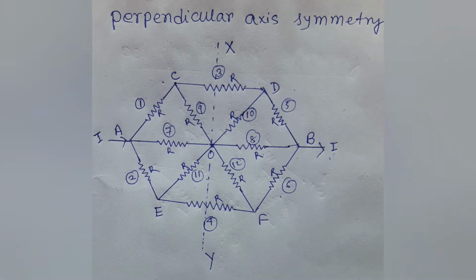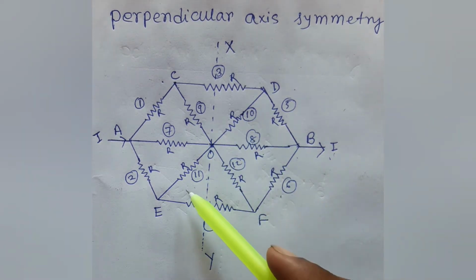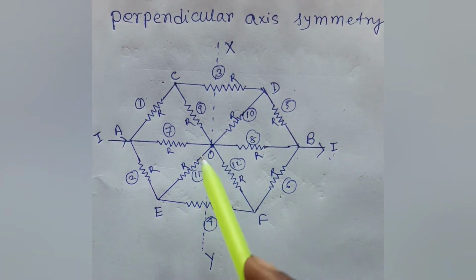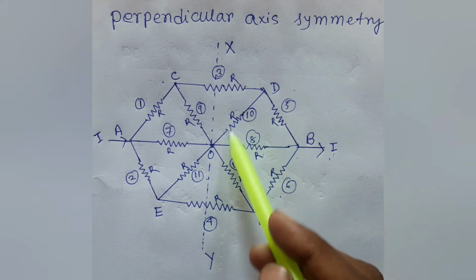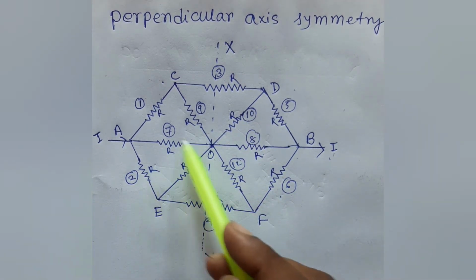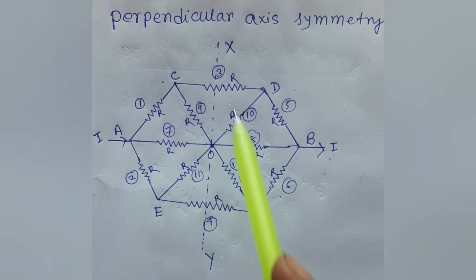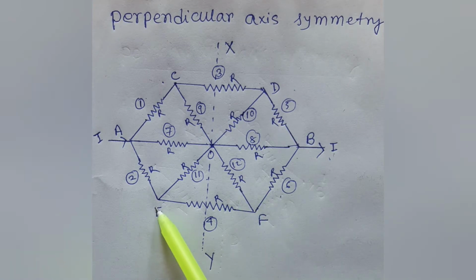We know in the case of the perpendicular axis theorem, the currents are not images, but the current flowing through 9 is the current flowing out from 10, and similarly the current flowing through the resistance 7 is flowing out through the resistance 8, and similarly the current flowing in the resistance 11 is flowing out through the resistance 12.